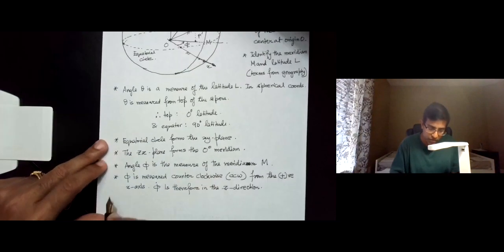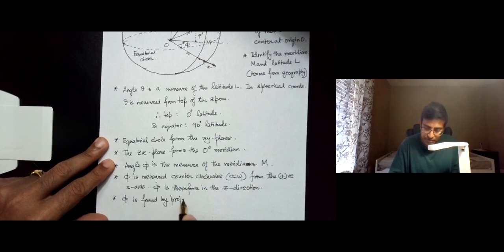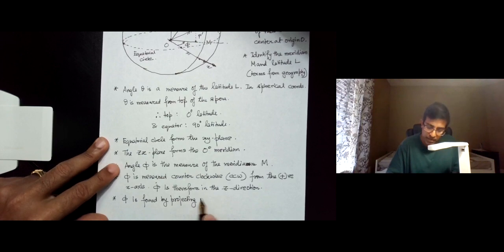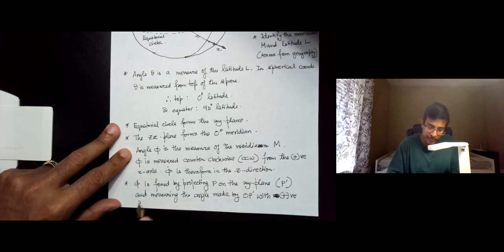Okay, so we make that note here that phi is found by projecting P on the xy plane, and we denote that by P prime, and measuring the angle made by OP prime with the x-axis, or actually with the positive x-axis, in the counterclockwise direction.